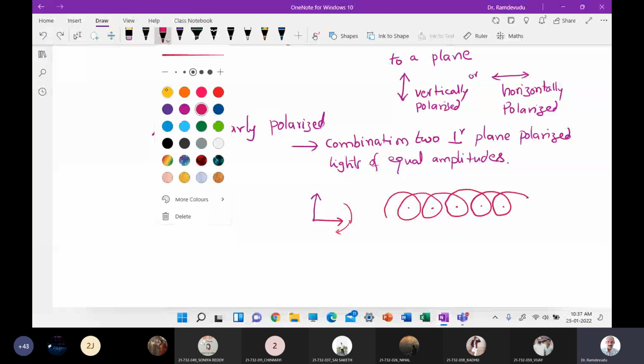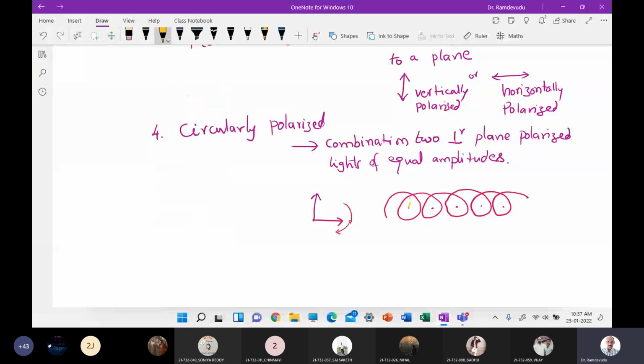Okay, this is the way. One perpendicular one, and the other will also have the same amplitude. So this is one perpendicular wave that is going like this. The other will also have the same, something like this. This is their one.